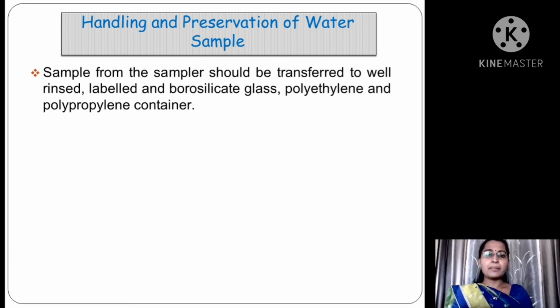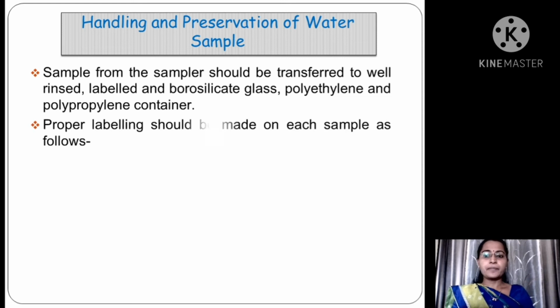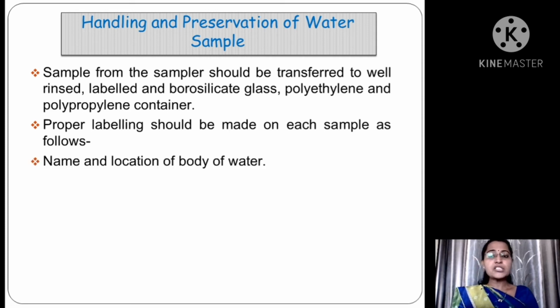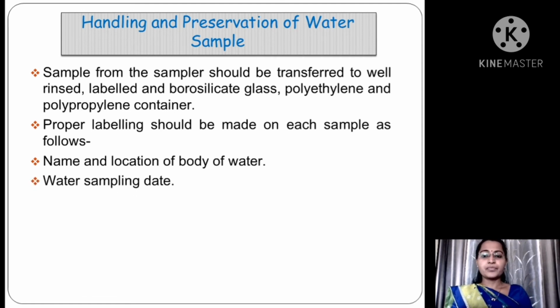Sample from the sampler should be transferred to a well-rinsed, labeled borosilicate glass, polyethylene or polypropylene container. Proper labeling should be made on each sample as follows. We must write name and location of body of water.